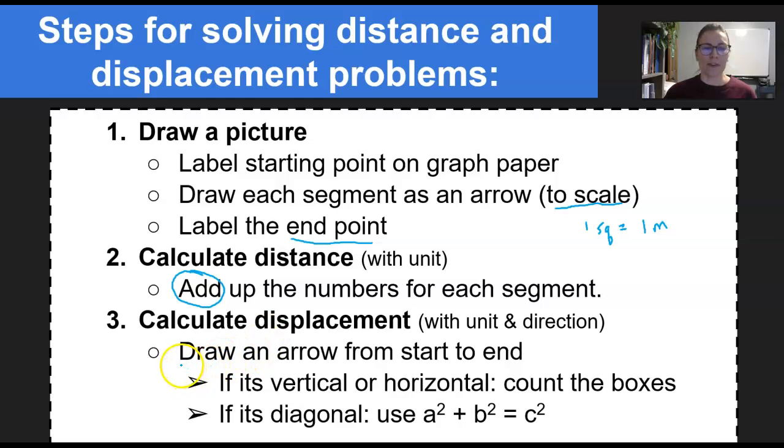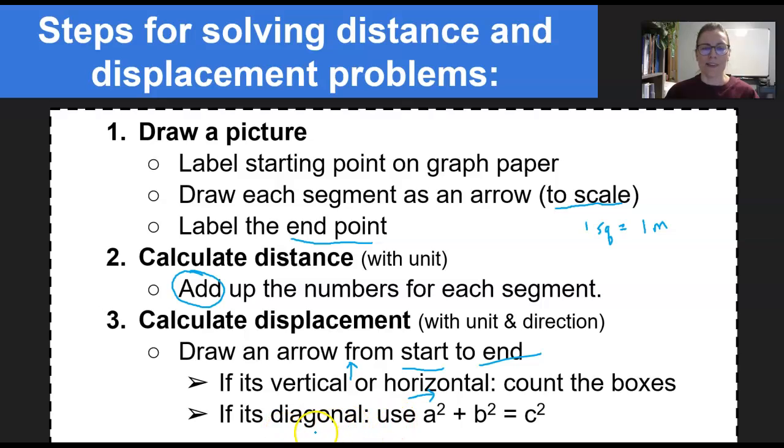We have to first draw an arrow from the starting point to the ending point. If our arrow is vertical, so remember vertical means up or down, like this, or if our displacement arrow is horizontal, so like this, then all we have to do is count the boxes on our graph to get our answer.